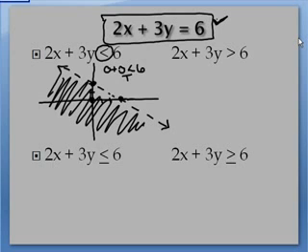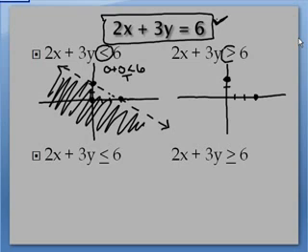Okay, let's take a look at the graph 2x plus 3y is greater than 6. Remember, to get the boundary line, we think of the equation 2x plus 3y is equal to 6. Once again, that's the graph that goes through the y-axis at 2 and the x-axis at 3. This one has greater than, so the points on the line can't be equal, so that's why we do a dashed line again.